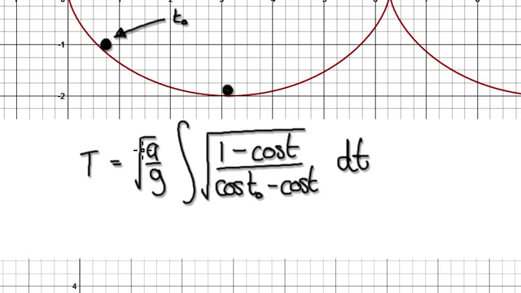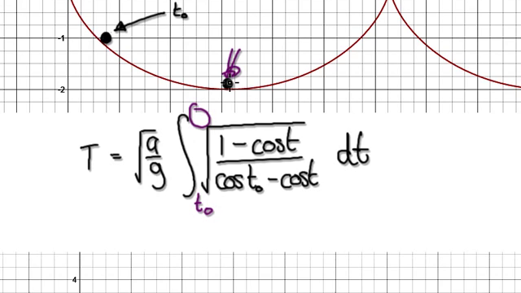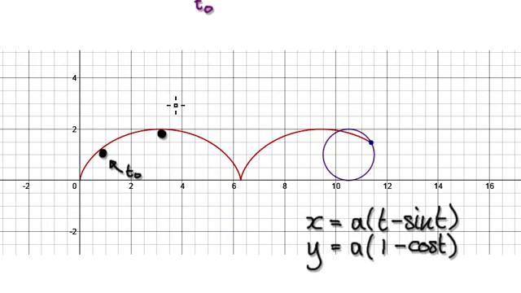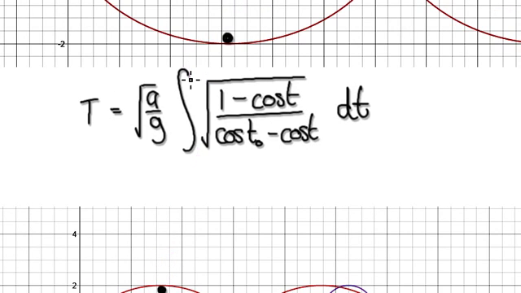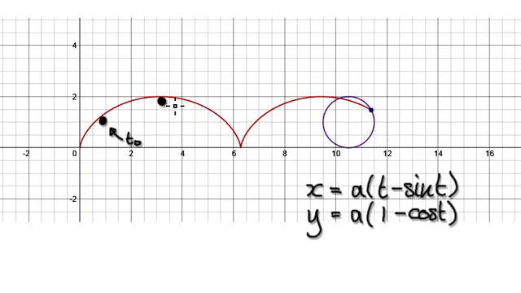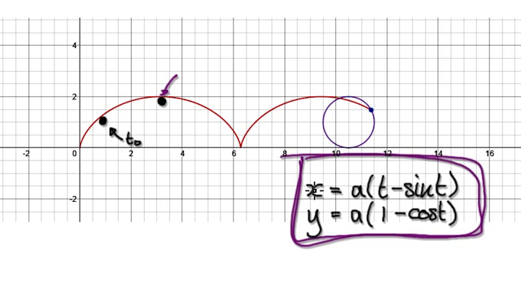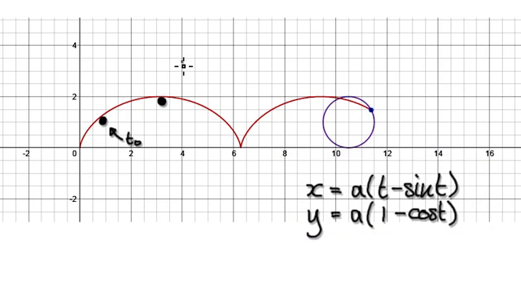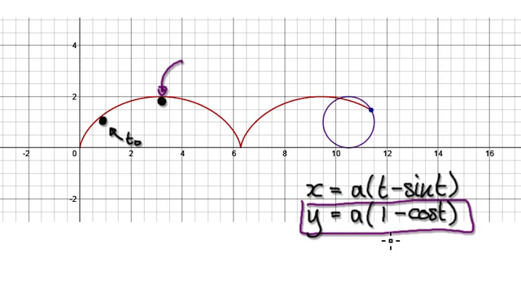So looking at this, we need to integrate from t0 to this point here, which is really the same as this point here. To figure out where we need to integrate to, you've got to ask yourself, when will the particle be at its highest point?